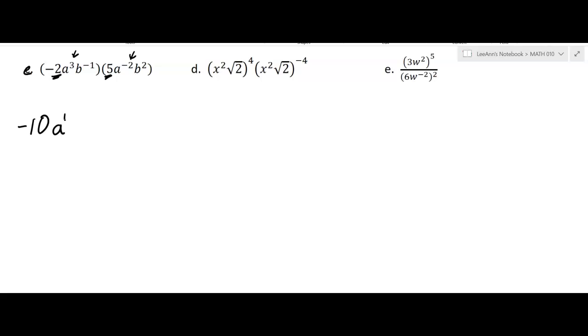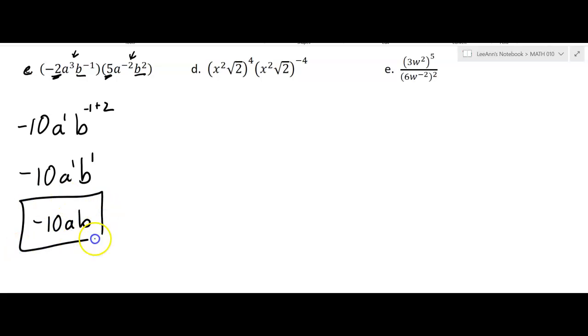We don't normally put a 1, but 3 plus negative 2, that's 1. And then you got the B's. Okay, so like you could write b to the negative 1 plus 2. You don't have to write the negative 1 plus 2, but you could. Now, normally if the exponent's 1, we don't write it. So we would just put negative 10ab. And we're done with that one.